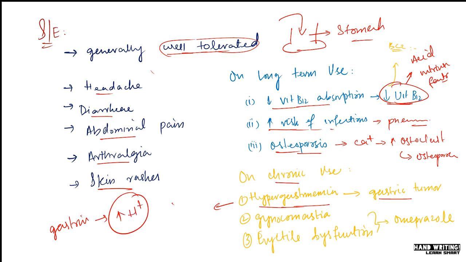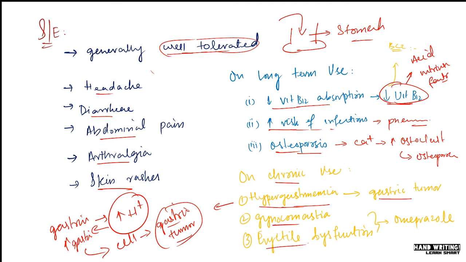So decreasing the hydrogen ion will in turn stimulate gastrin secretion, and this gastrin secretion will cause the cells to hypertrophy and can lead to hypertrophy, hyperplasia and gastric tumor. Gynecomastia and erectile dysfunction are also seen, mostly associated with the prototypic drug omeprazole. So that's all for today.